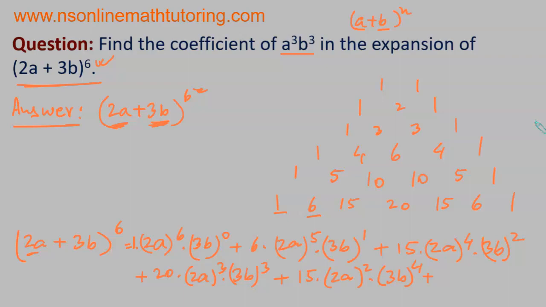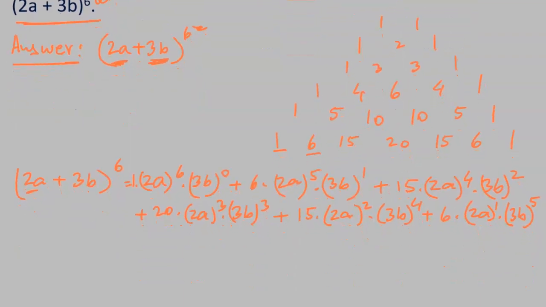Okay. So plus 6 times 2a to the power of 1 times 3b to the power of 5 plus 1 times 2a to the power of 0 times 3b to the power of 6. Okay. Now we have to simplify.